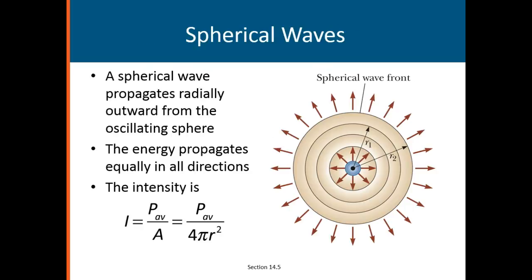And the power is the same through every one of them. I2 would give you that same power divided by 4 pi R2 squared. Well, if you do the ratio, was it I1 to I2 or I2 to I1? I1 to I2. Let's actually do that.